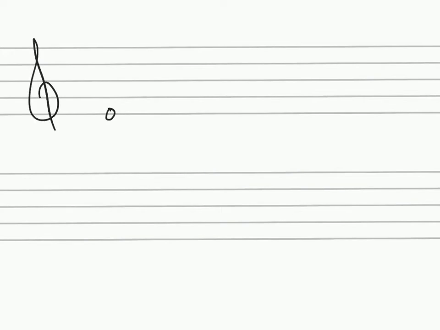So here we are with our E minor scale. And now here for scale degree 7, we're going to raise that to D sharp. So as a scale, you hear that strong pull over there.